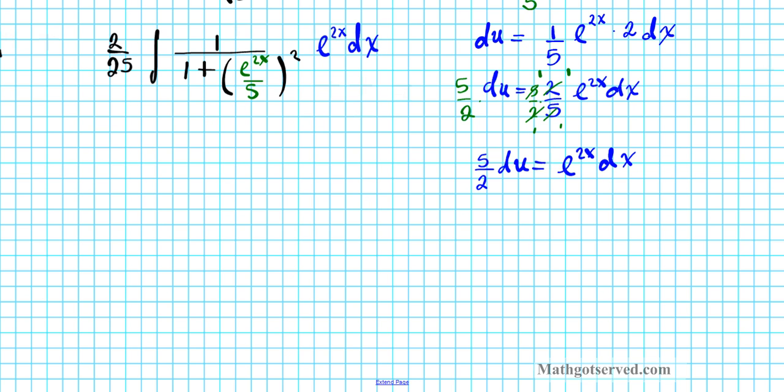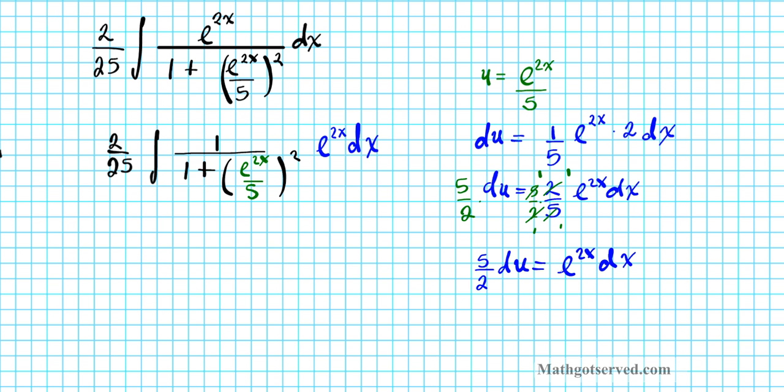Now that's perfect. Why? Because this matches this portion exactly. So we can make a substitution. With u, we'll use 5 over 2 du for this portion, and then we'll have u for the inner function of this composite function here. Okay, so let's go ahead and carry out our substitution.